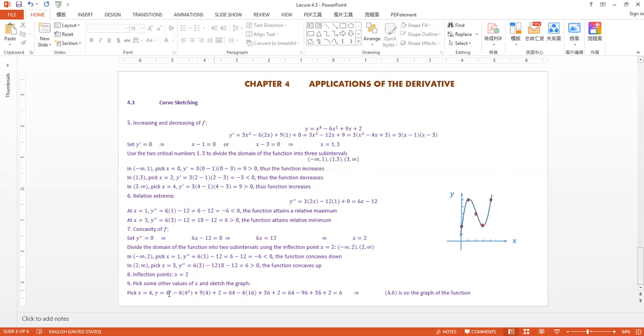And the other point that we picked is (4, 6): 1, 2, 3, 4, 6. That's the only extra point we needed. So if you connect those points by a smooth curve, that will give us the graph.